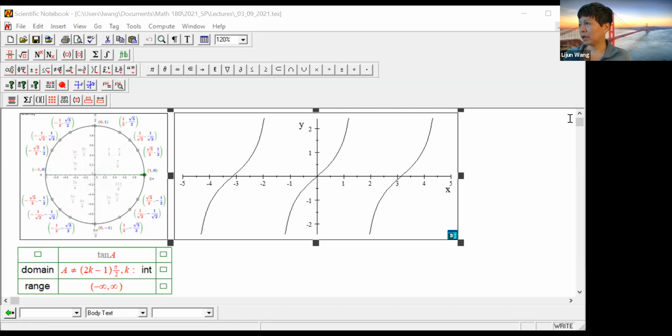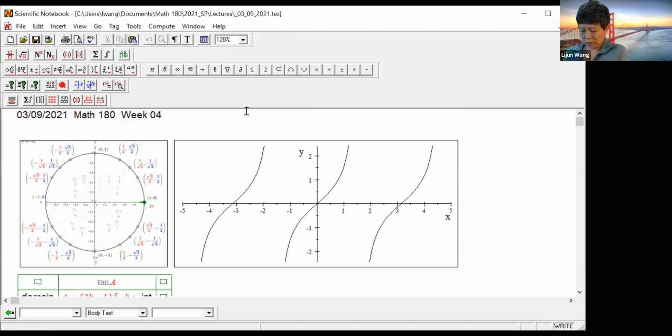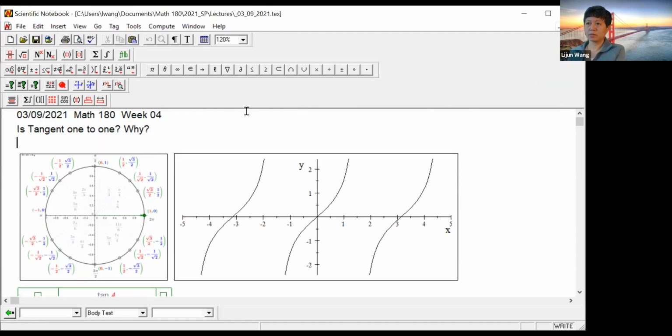Right now what we are discussing is why tangent is not one-to-one. Comment number 1: if x1 equals 3, you are referring to tangent. Is that right, Aaron?